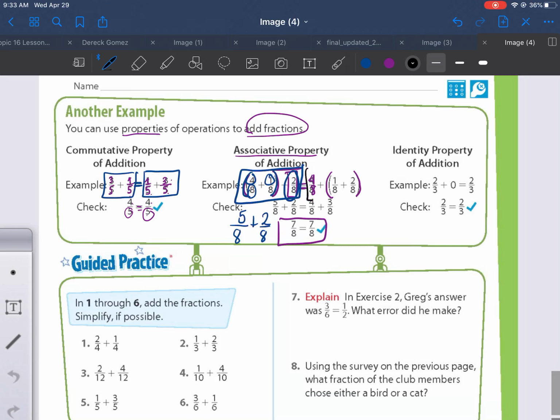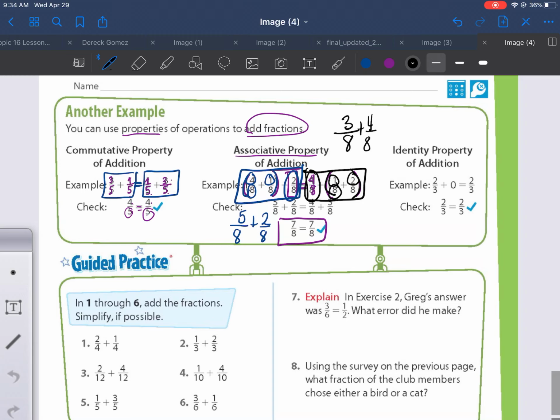But notice that I did the parentheses first. On the opposite side, since the parentheses are here, I would do those 2 fractions first. 2 plus 1 is 3. Denominator stays the same, but you still have to add the other part, the 4/8.